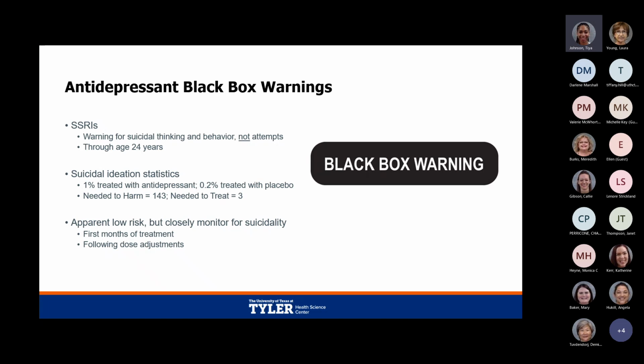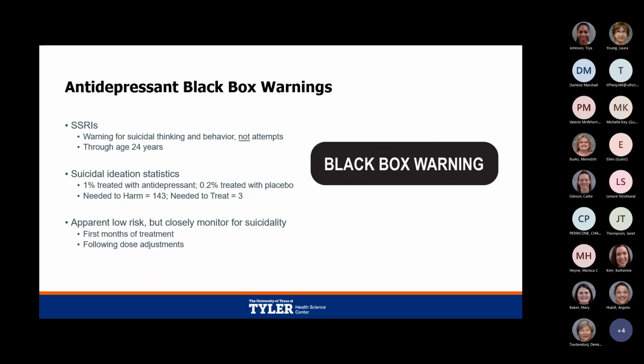The number of patients you would need to treat to cause one harm of someone having increased suicidal ideation would be 143, whereas the number needed to treat to improve depressive symptoms is 3 patients out of all your patients that you're treating for depression.